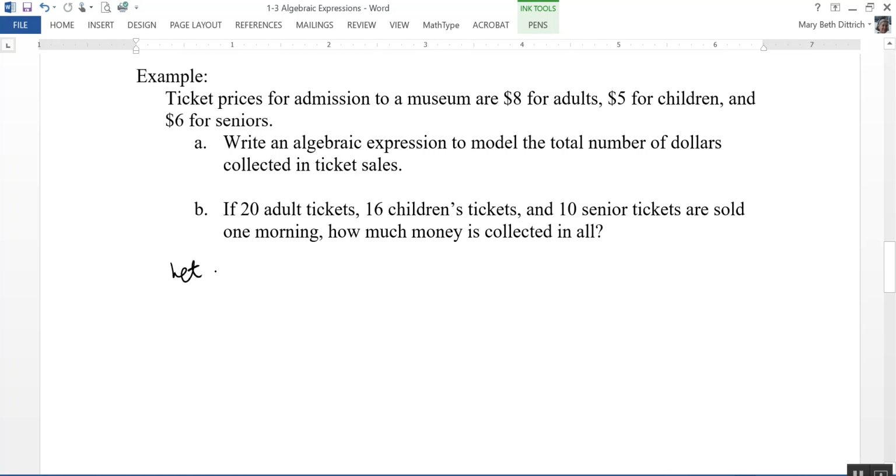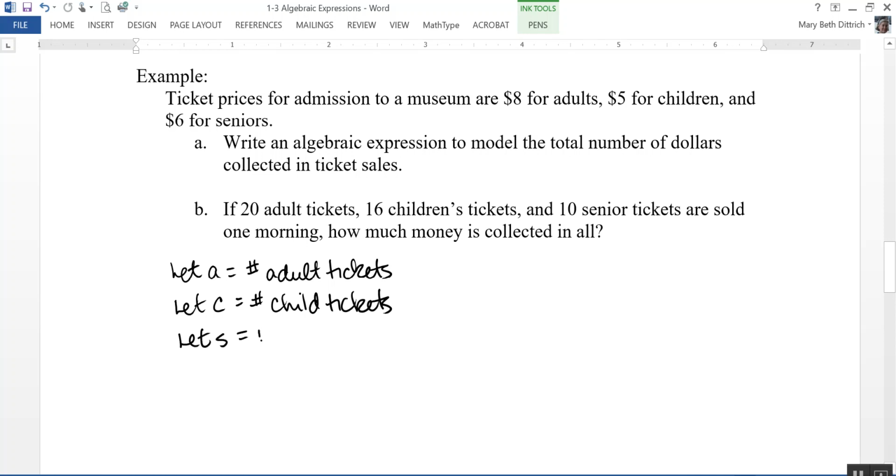So I'm going to say let A equal the number of adult tickets, let C equal the number of child tickets, and let S equal the number of senior tickets.